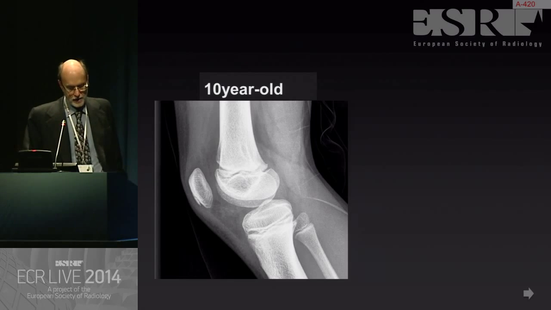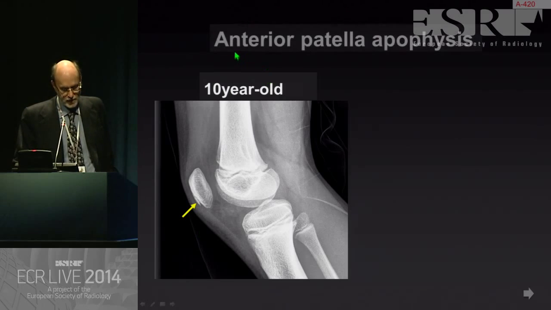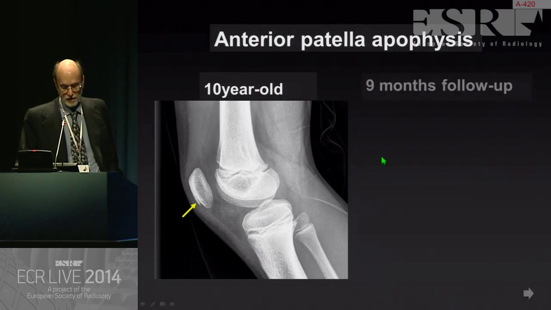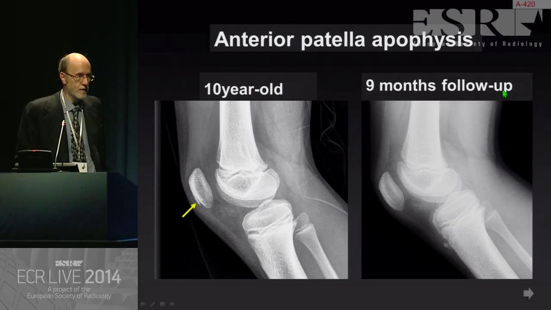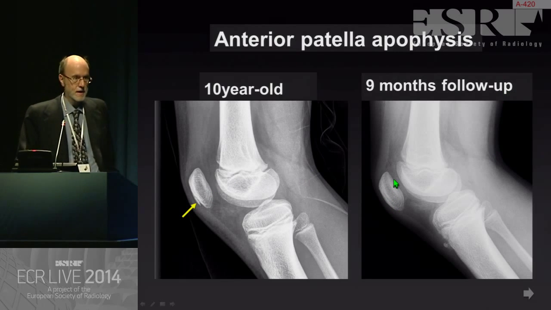Well, another irregularity, this is a 10-year-old who presented with this unfused area, which corresponds to the anterior patella apophysis. And in a 9-month follow-up, this has fused with the rest of the patella, and it was completely normal.